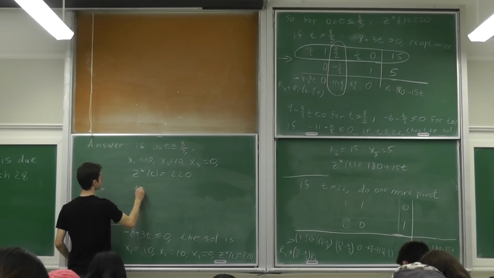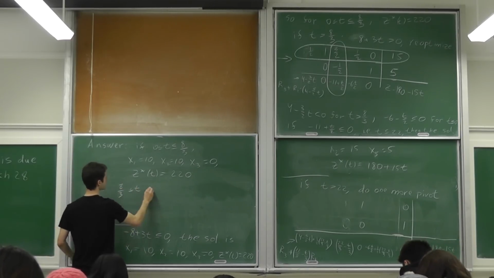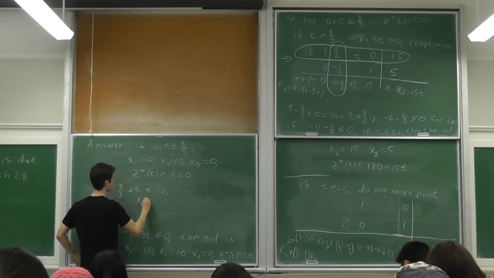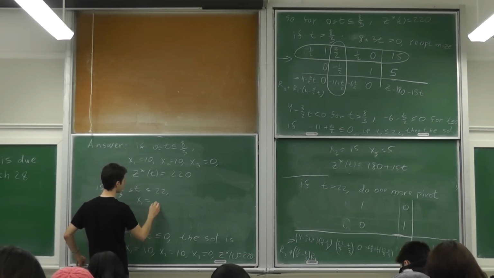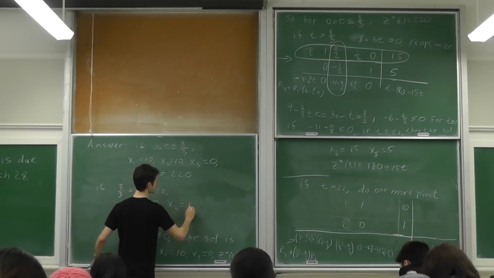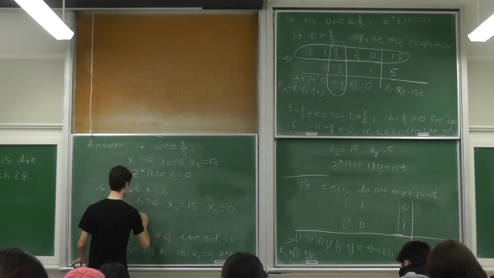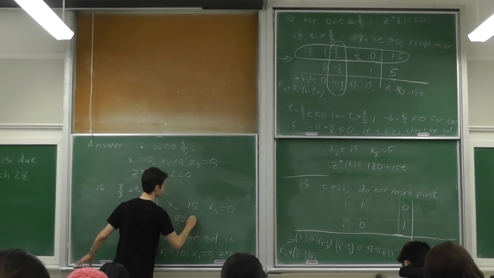If t is from 8/3 to 22, our solution was x1 is 0, x2 is 15, x3 is 0. The objective function was 180 plus 15t.